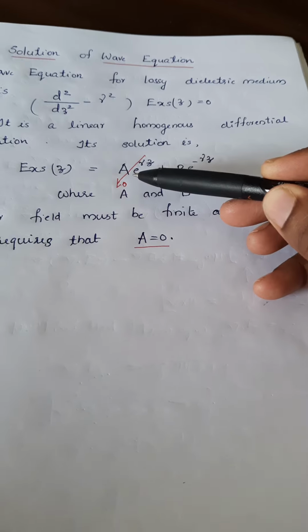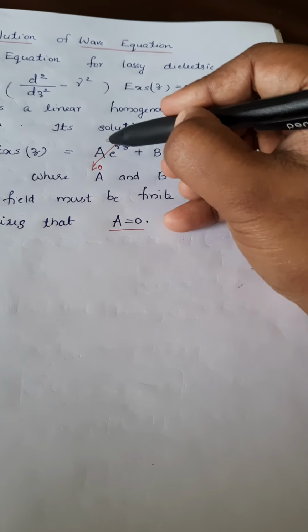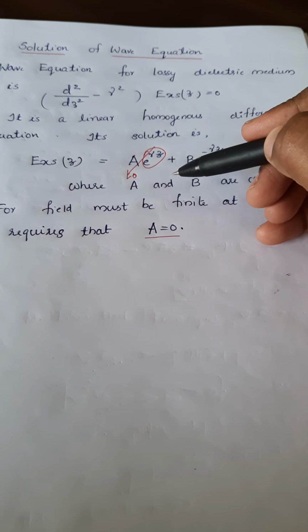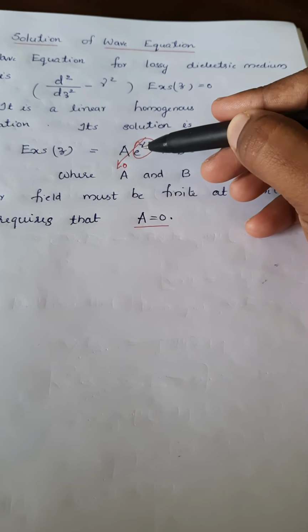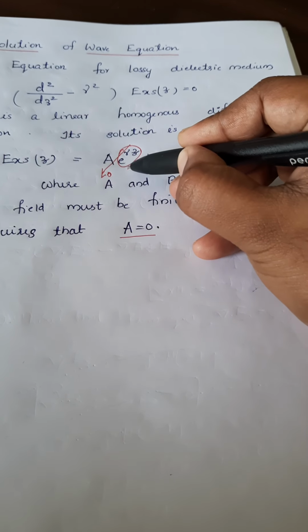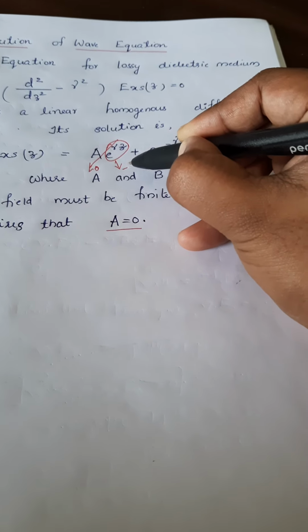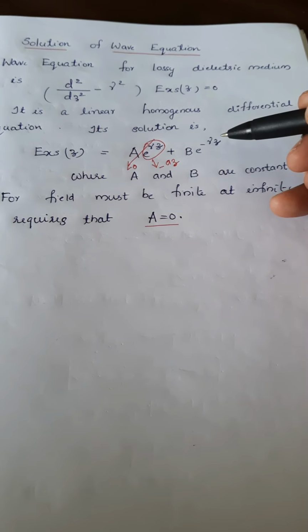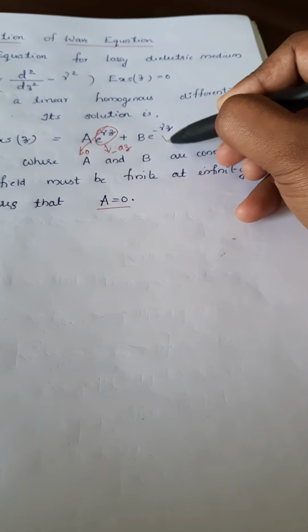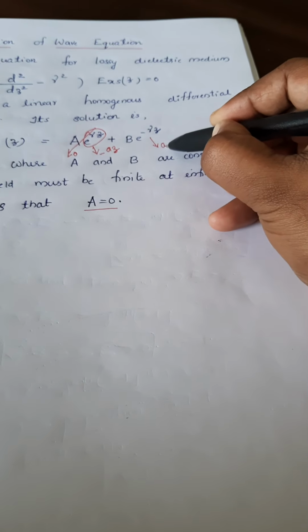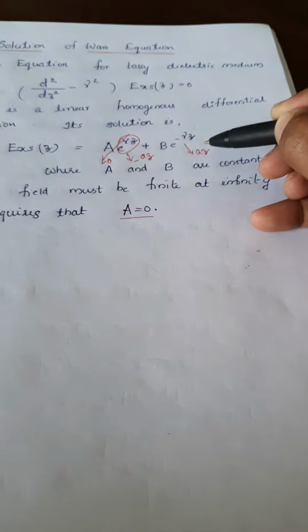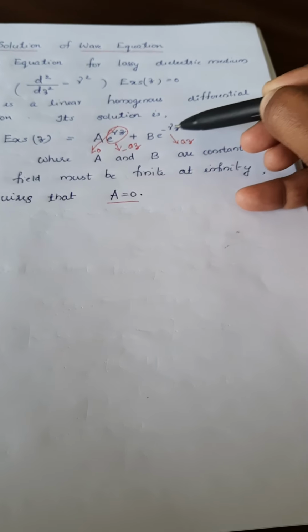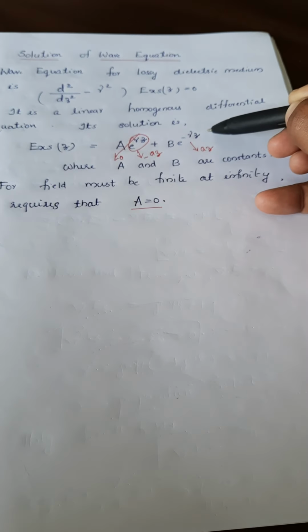This e raised to gamma z represents a wave propagating along minus az direction. But in our case, the wave is propagating along plus az direction. So only this component is existing, that is B e raised to minus gamma z.